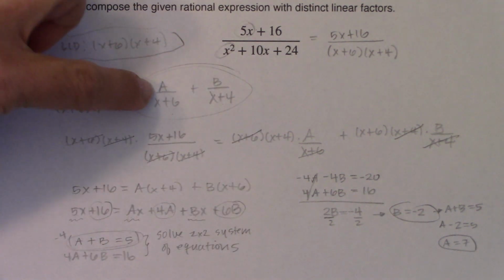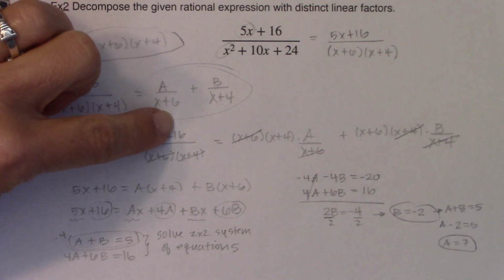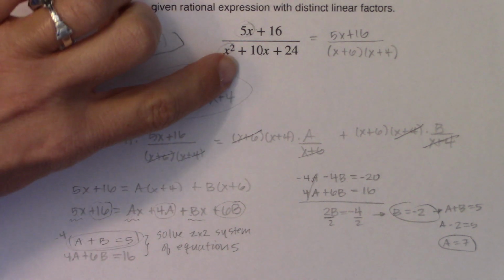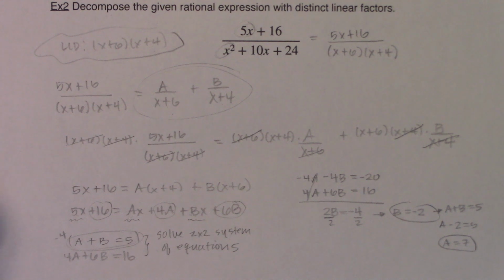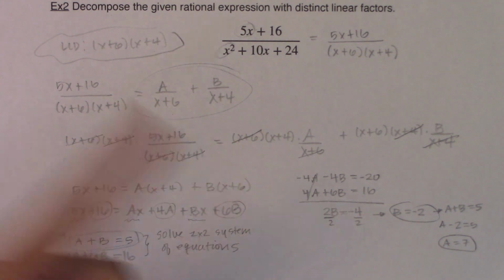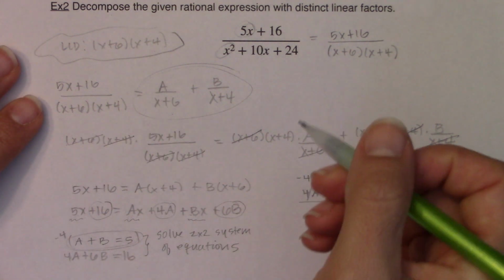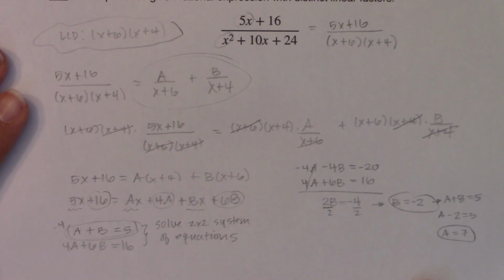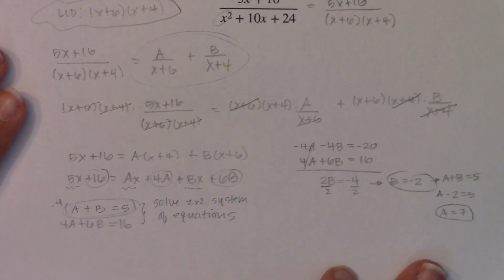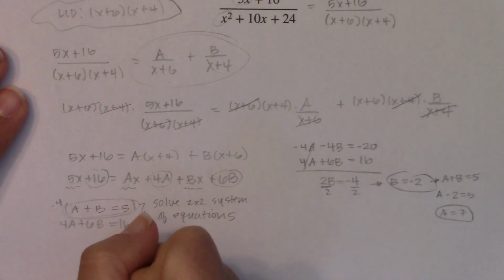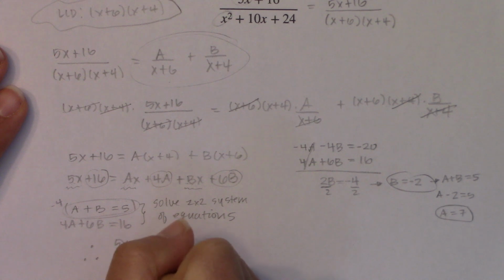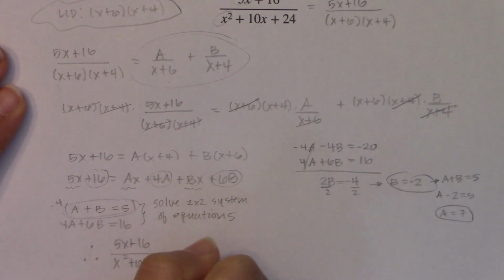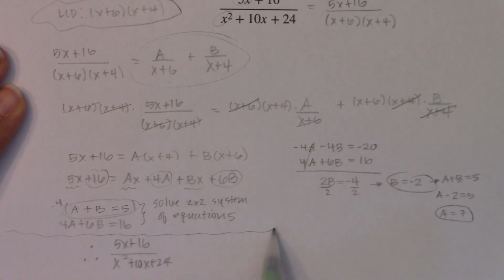So in a moment, I'm about to write a 7 here, right? 7 over x plus 6, and then I'm going to write negative 2 over x minus 4. And really, I'm going to subtract the x minus 4. So ultimately, right, and I'm going to scooch this up, my end game answer here would be that I can break 5x plus 16 over x squared plus 10x plus 24, well, let me put a little separation because that is pretty close.